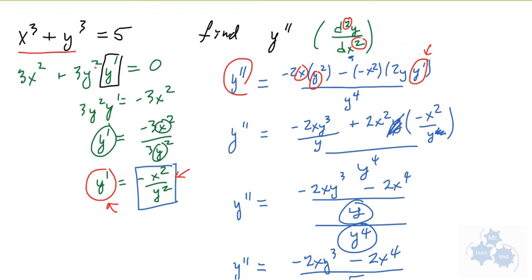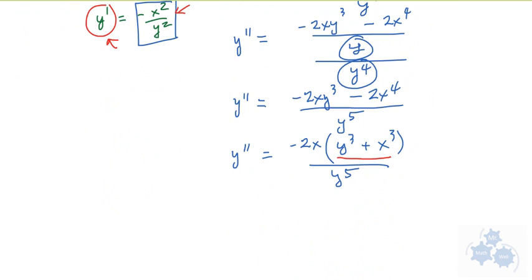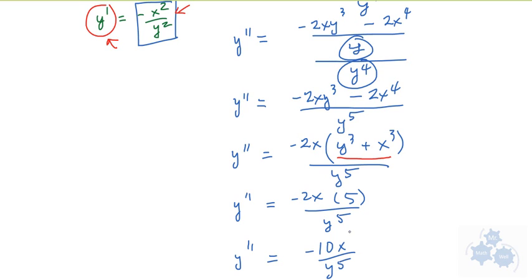You see it right there. What is it equal to? It's equal to 5. So yes, you should go that final step here now and do this. y double prime, negative 2x times 5 over y to the fifth. And this finally becomes negative 10x over y to the fifth. And that is your solution.